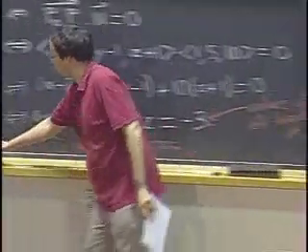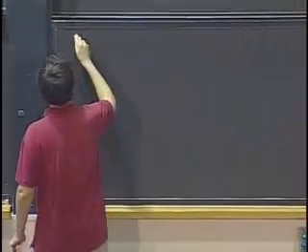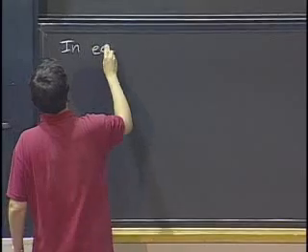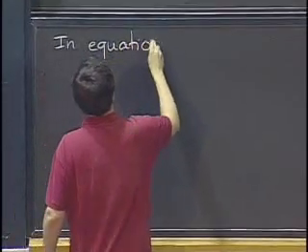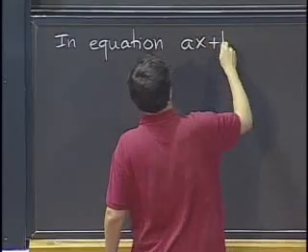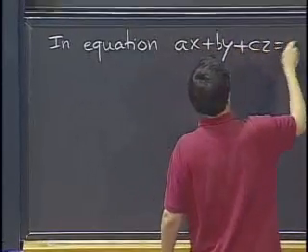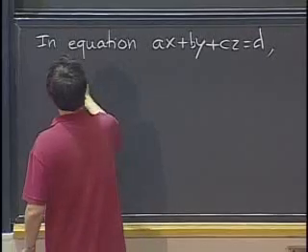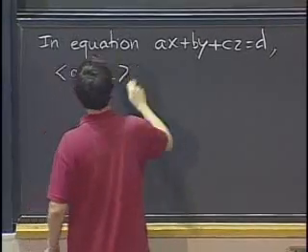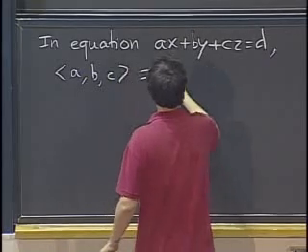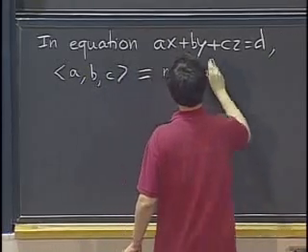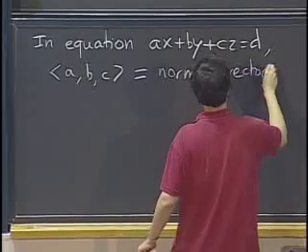So again, just to repeat the single most important thing here, in the equation ax plus by plus cz equals d, the coefficients a, b, c give us actually a normal vector to the plane.